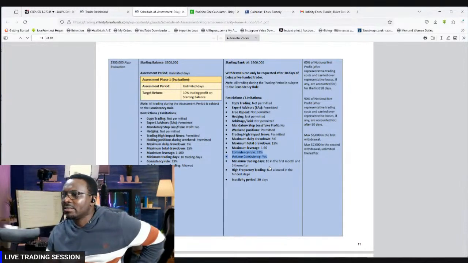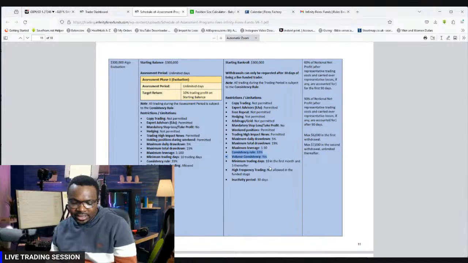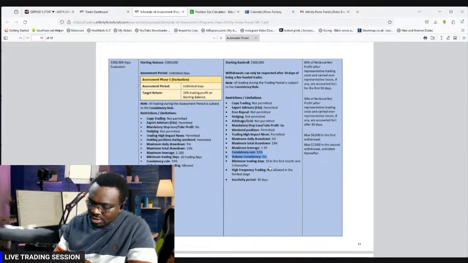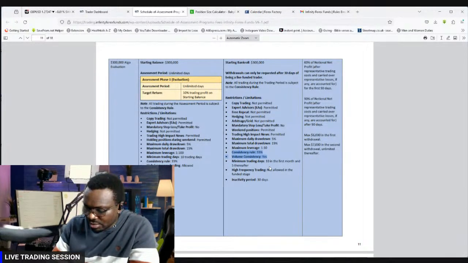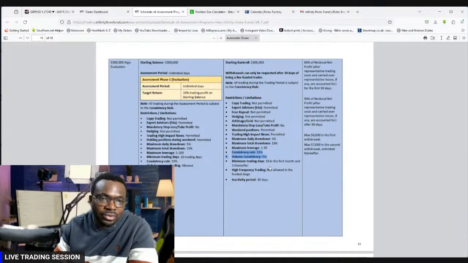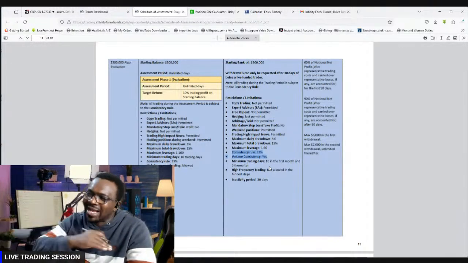You multiply the 0.5 by 10, and that will be your total lot size, and you divide it by the total trades. Once you divide it, whatever you get, you multiply it by 2. That multiplication by 2 will give you your upper range of lot size. That's your highest lot size.